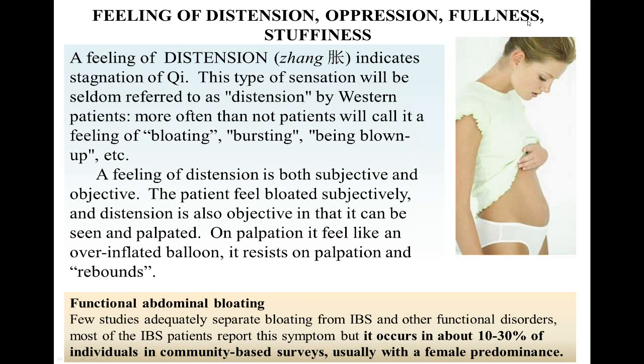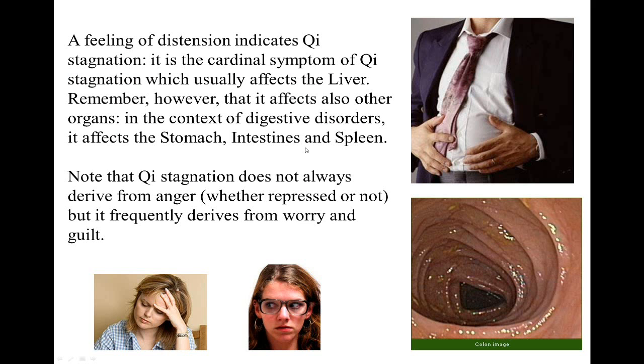The abdomen feels literally like a balloon. It's kind of hard, but at the same time, it rebounds on palpation. So whenever we see the word distension in Chinese medicine books, or zhang, that indicates qi stagnation. Distension is the symptom of qi stagnation, one of the most significant symptoms of qi stagnation.